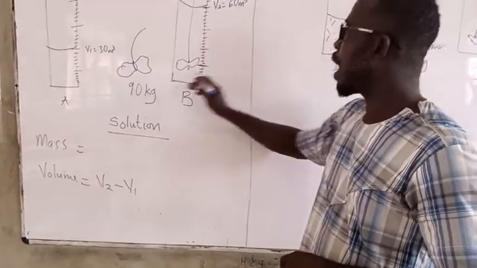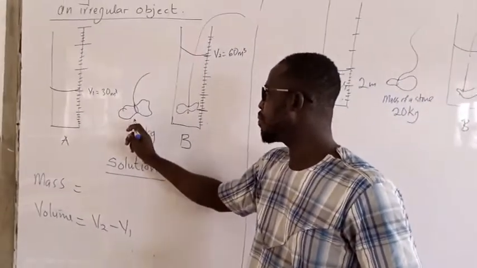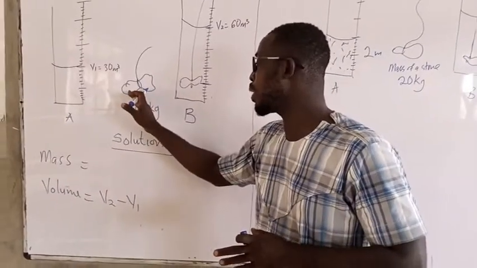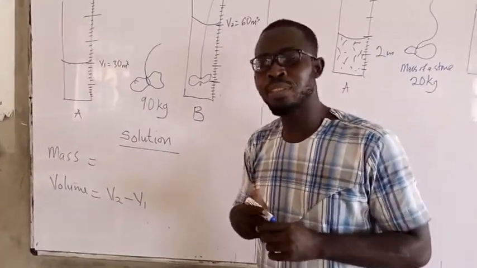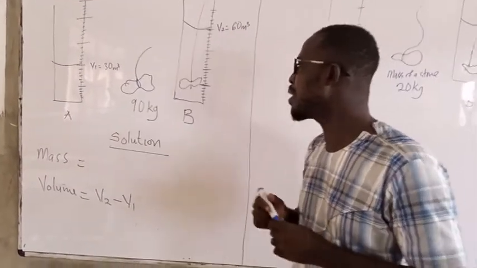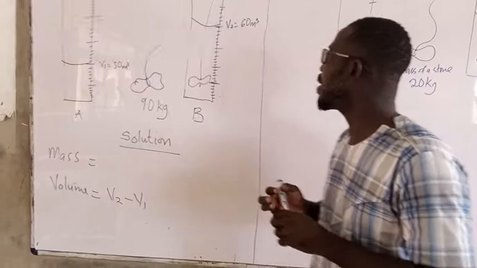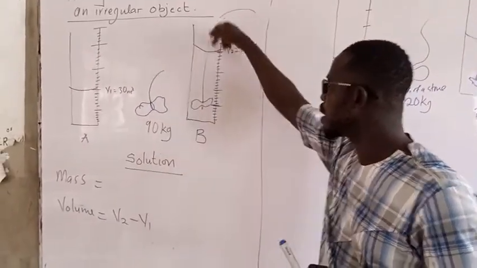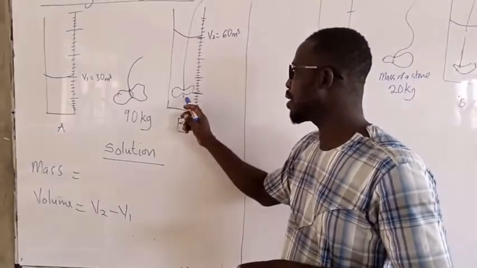Now, I will weigh my irregular object. I will weigh the irregular object on either a beam balance or electronic balance. So after weighing, I had 90 kilograms. So with the 90 kilograms, I put the stone into my measuring cylinder.